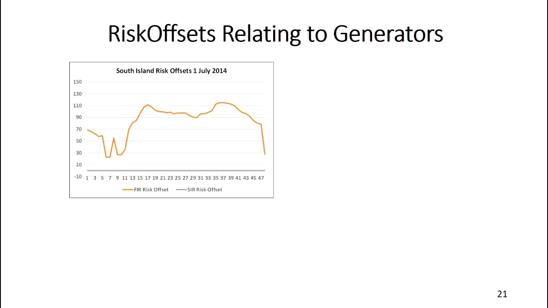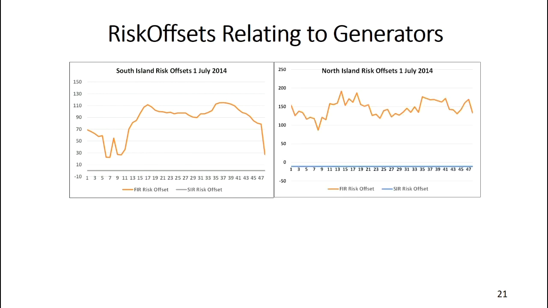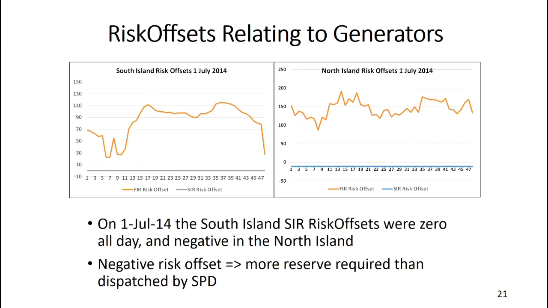So these risk offsets are very significant and vastly reduce the amount of reserves that are actually required to be dispatched. If we look at the North Island on the same day, we can see an even bigger effect with the risk offsets for FIR approaching 200 megawatts during the day. Interestingly, on this day, the SIR risk offsets were actually slightly negative all day. Now, what does that mean? It means that more reserve is required than is actually dispatched by the SPD model.